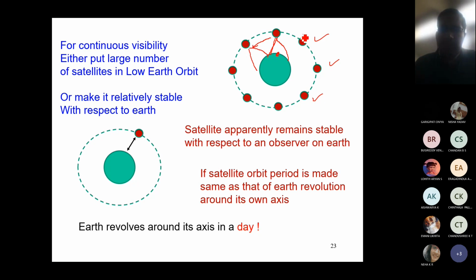So at that particular point, a new satellite will come to this location and your Earth station will remain within the visibility of the current satellite. So if you are launching more than one satellite and all satellites are rotating in that particular orbit, a continuous coverage between the satellite and the ground station can be established. And this is only for lower Earth orbit satellite. That means if the satellite is rotating at an orbital height which is very less.